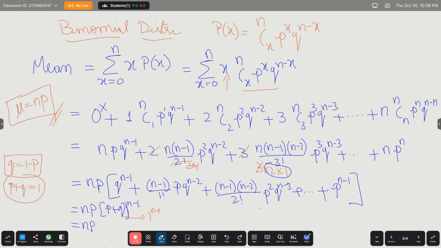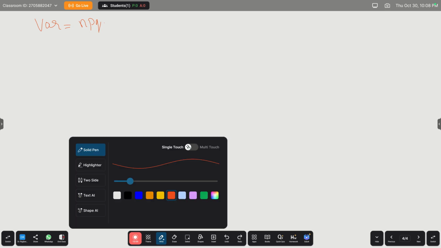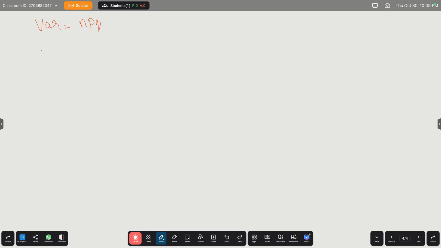So I'll go to the next proof, which is variance. And for variance, I have to prove that it is n into p into q. So I'll take the general formula of variance to start.